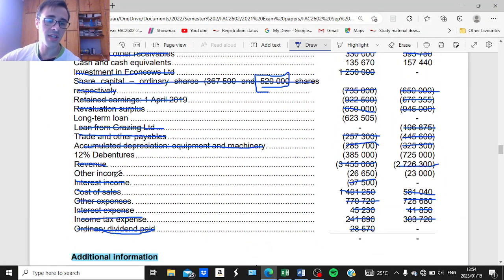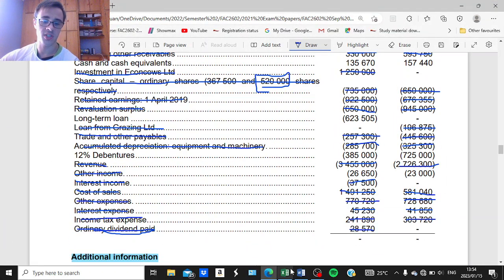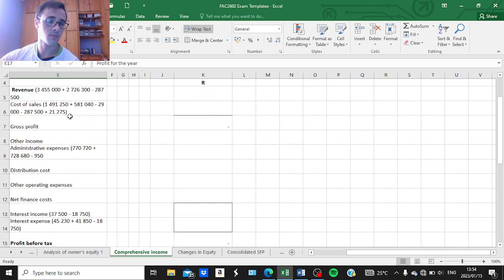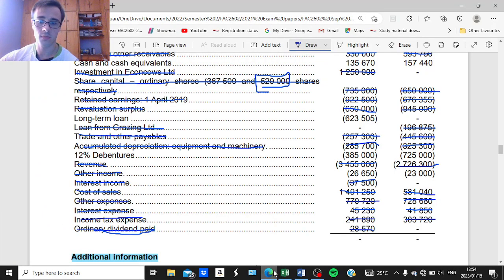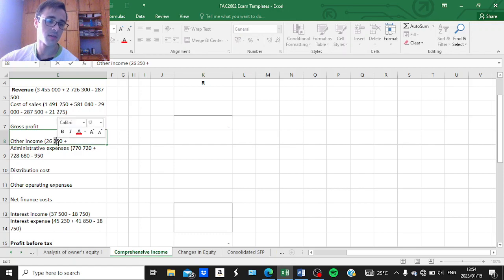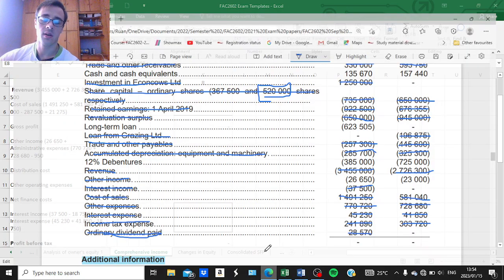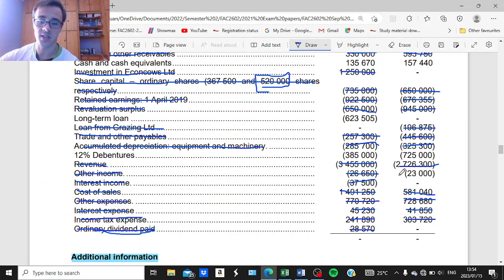Okay, then we need to account for other income, which is 26,250, or 26,650 rather. Let me just correct that, and then the amount for the subsidiary is 23,000.